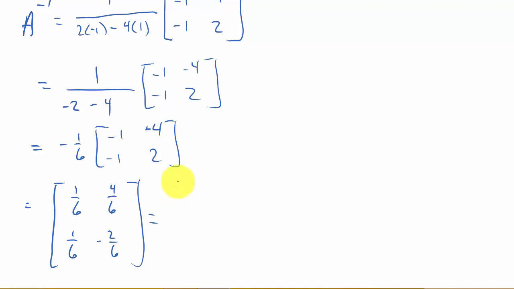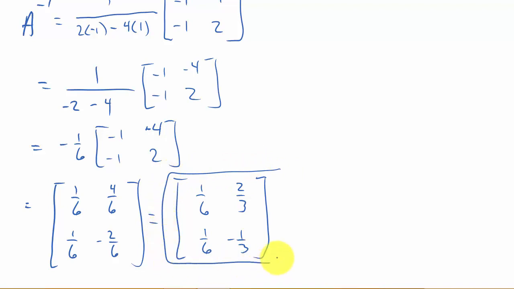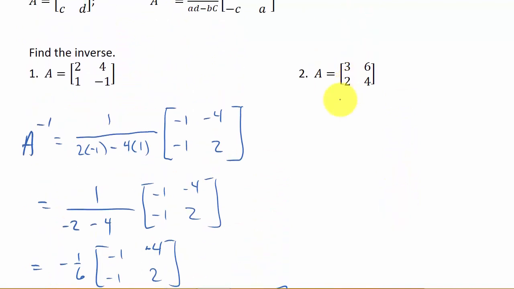Then I just reduced the fractions: 2/3 and negative 1/3. You could have reduced it right here, that would have been fine. But there's your matrix, there's your inverse.